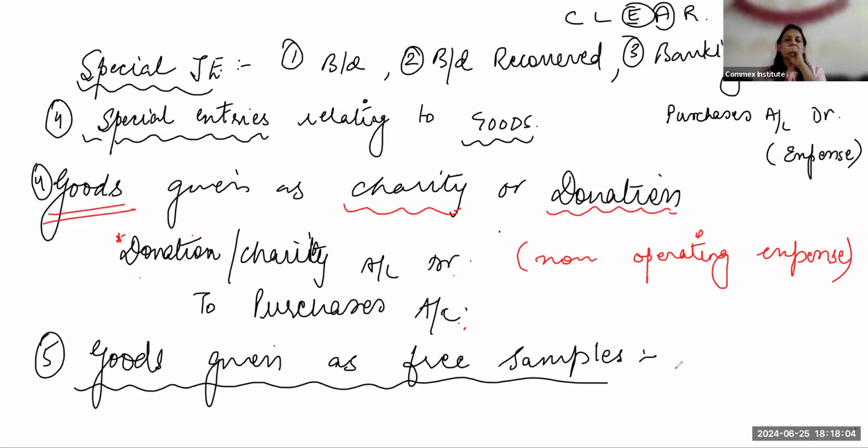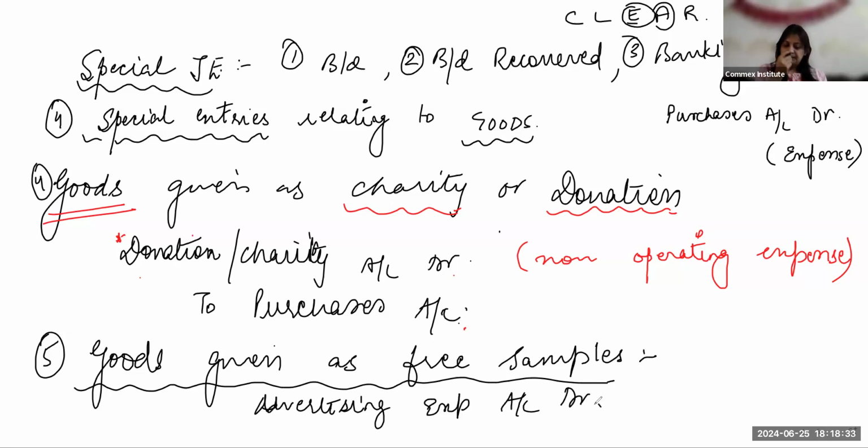Those are the free samples which are distributed by businesses to promote their business. So that is basically a marketing expense. Suppose a cream manufacturing company is distributing a small sachet of cream as a free sample. So that is a marketing expense or advertising expense. So the entry would be advertising expenses account debit.